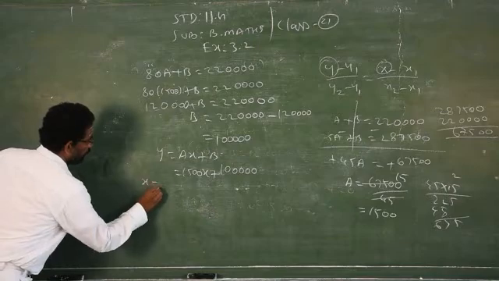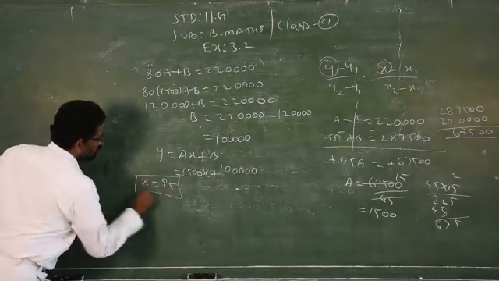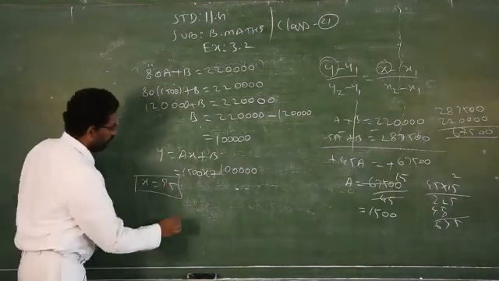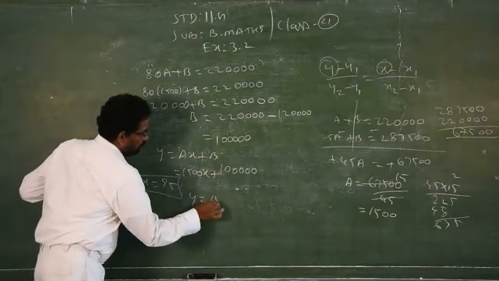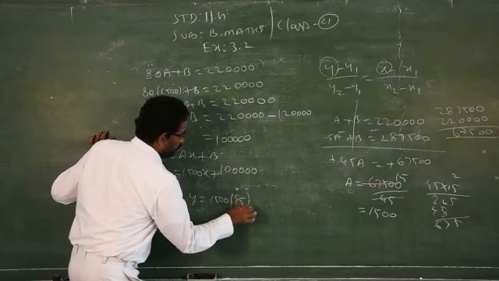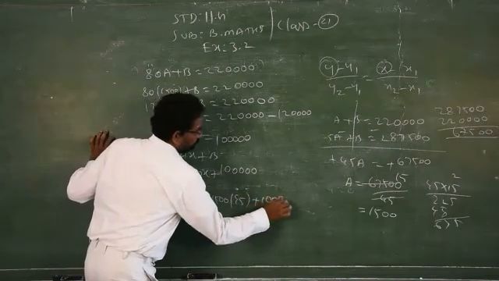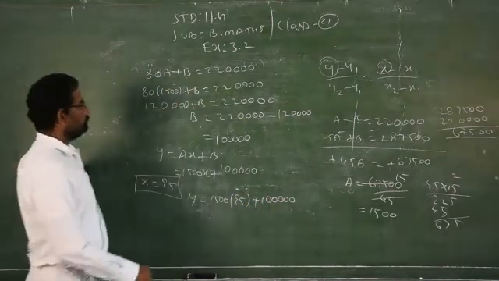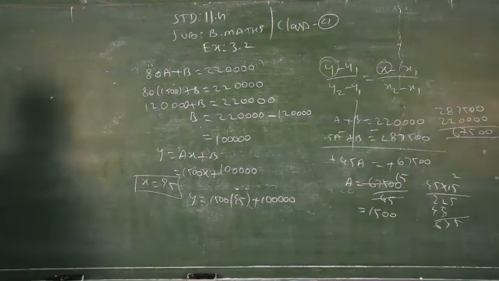Now you have to find the cost when X is 95. That is Y is equal to 1500 into 95 plus 1 lakh.